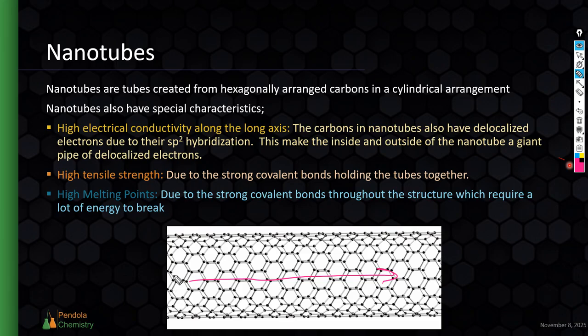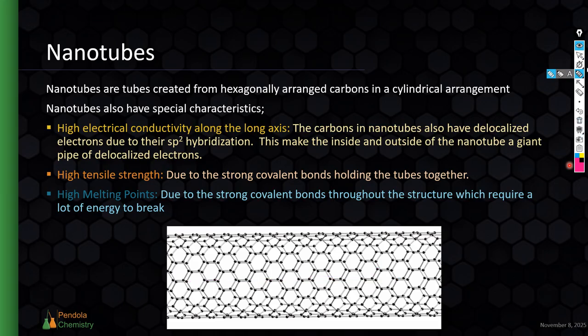So nanotubes conduct electricity in one direction. It makes the inside and the outside of a nanotube a giant pipe of delocalized electrons. And that is actually very useful for current technology to create these tiny little wires, nanoparticle wires of nanotubes that can conduct electricity.